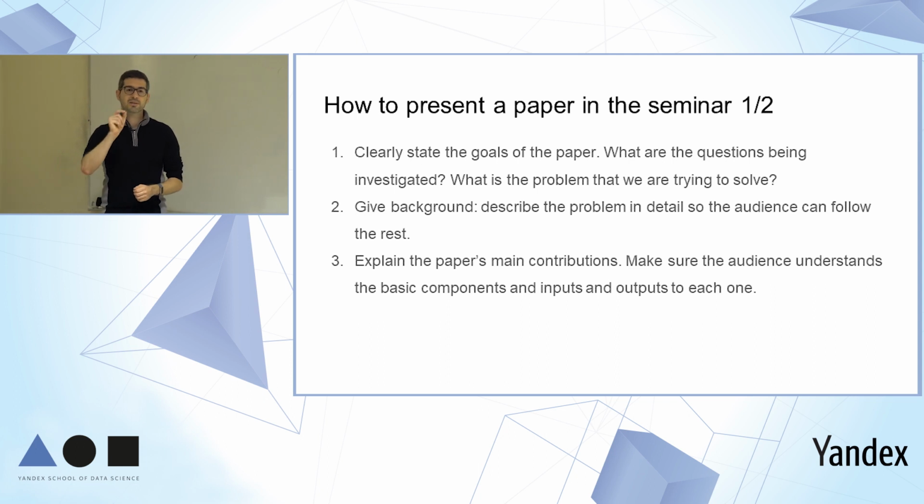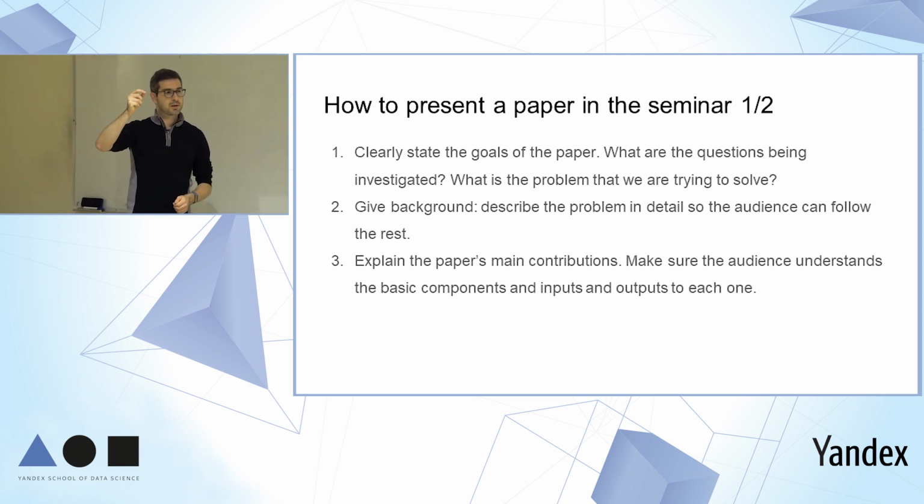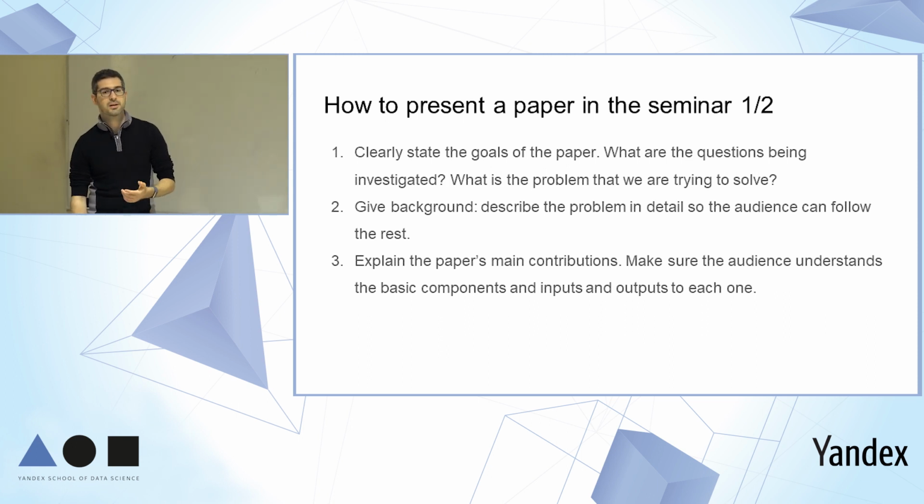People talk about this one block that is new in this paper, but it's very important for the audience to understand what is the input, what is the output, how does it all connect all the way. Aim for clarity. The audience really will not understand all the details that you know in your head after reading the paper multiple times, but they will remember the basic architecture and what the goal was.